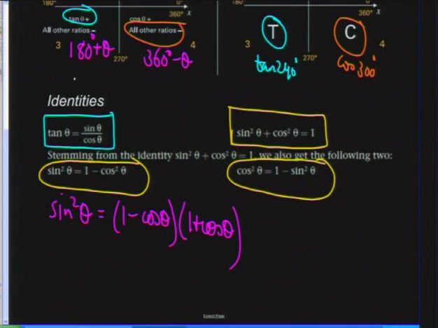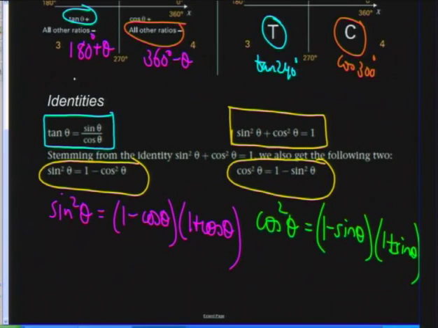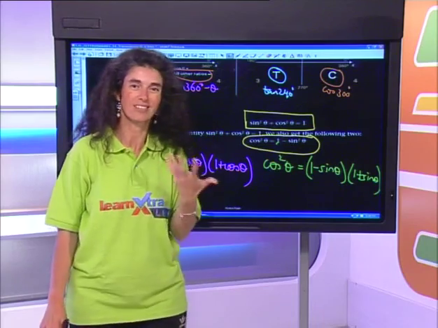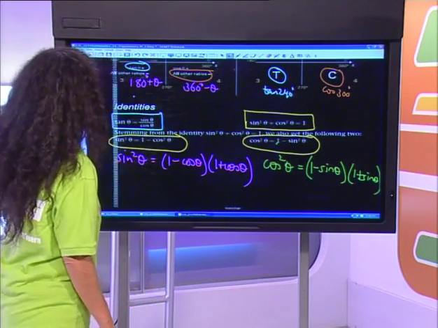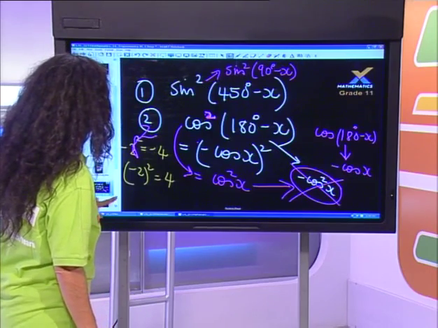And this one here, cos squared theta, is the difference of squares, so it's 1 minus sine theta multiplied by 1 plus sine theta. Two linear brackets, if I multiply that, I'm actually getting 1 minus sine squared, but I can reduce that to cos squared, which is what we've just been working with. So you've got to be able to factorize both cases. So let's look at it.